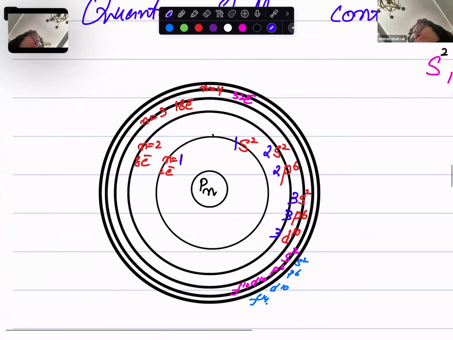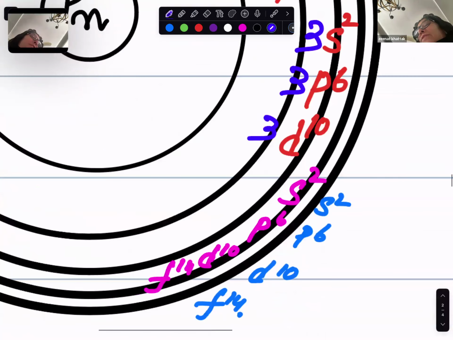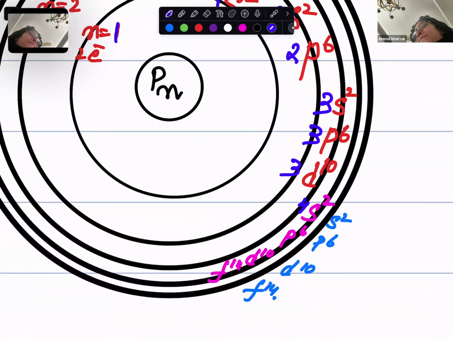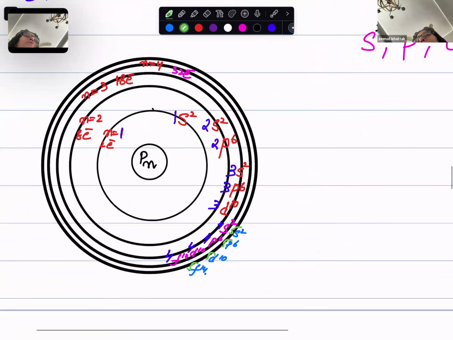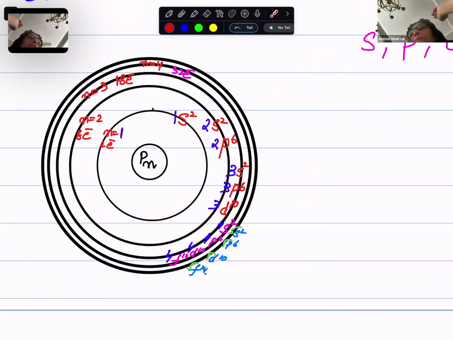This is s and p and d and f of the fourth. And the other ones are 5, 5, 5, 5. Do you get it? Look. Quantum shell contains what? Subshell. Right? Quantum shell contains subshell.